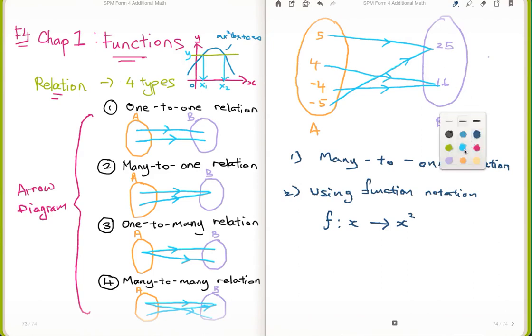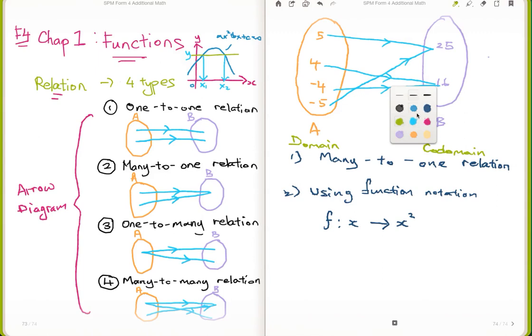Now, there are some definitions you need to learn. Over here, the x is called the domain. What is being mapped onto on the right is called the codomain. It's possible to have other numbers, say 16, maybe 32.